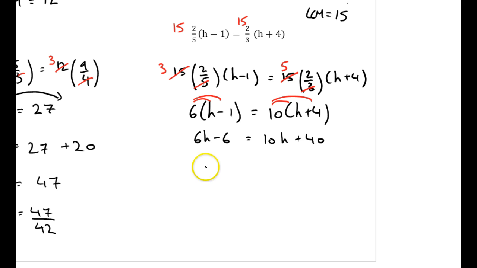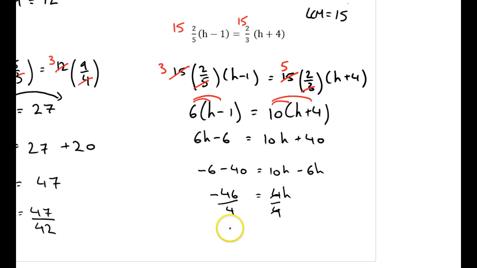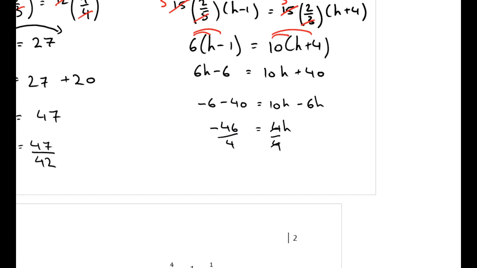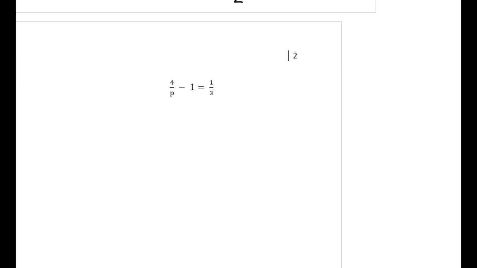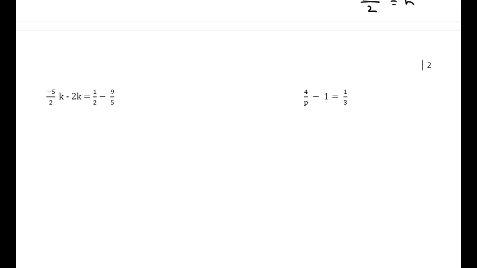So I get negative 6 minus 40 over here, and 10h minus 6h over here. Hopefully everybody's okay with that. I have negative 46 on the left side and 4h on the right side. Finally, I divide both sides by 4, and I can simplify that to negative 23 over 2 equals h.